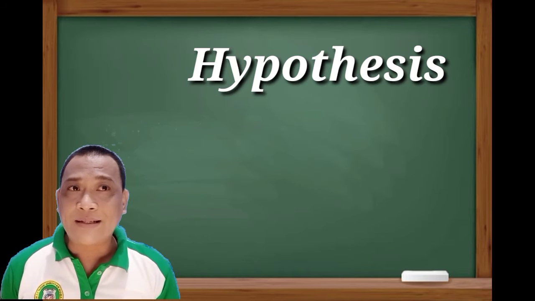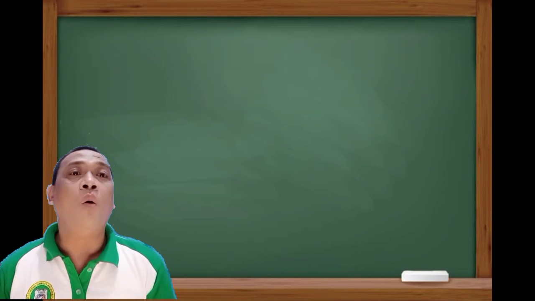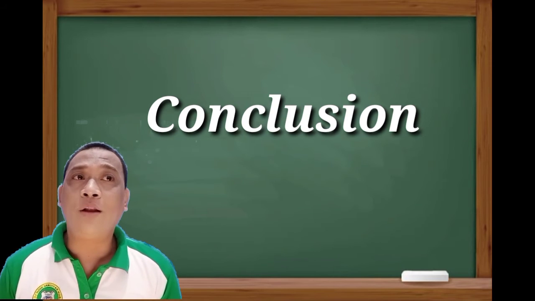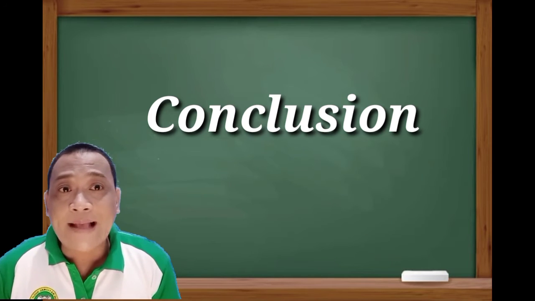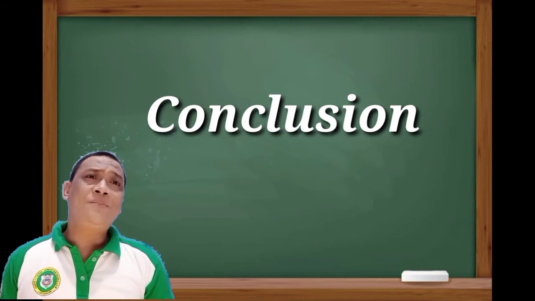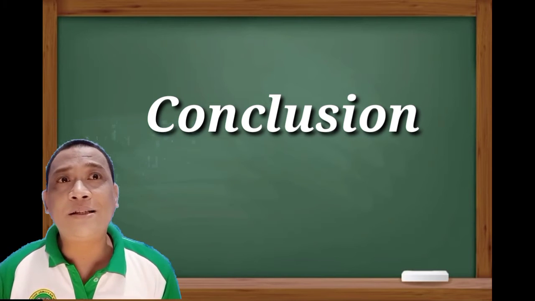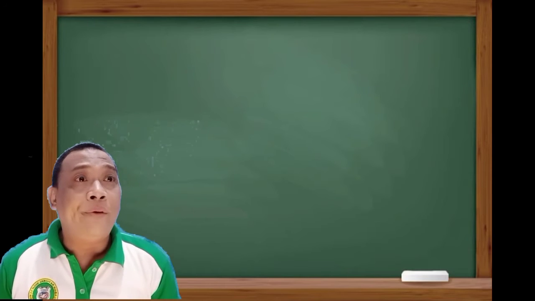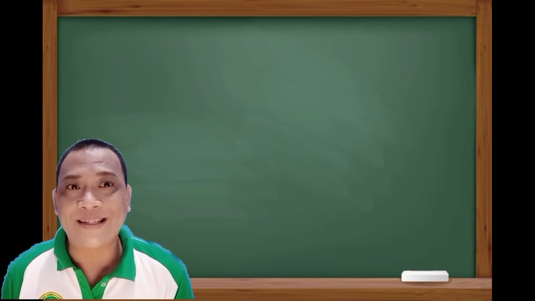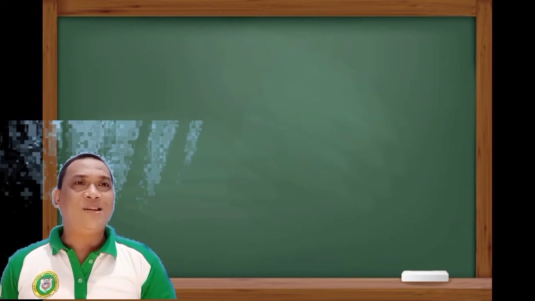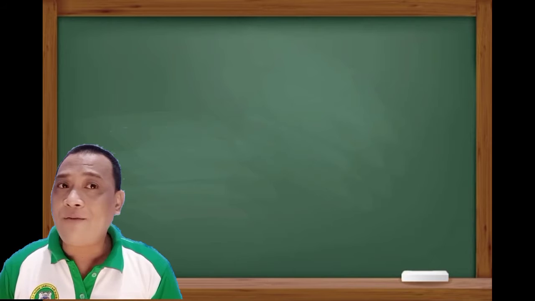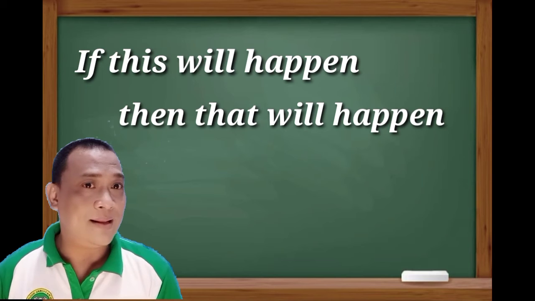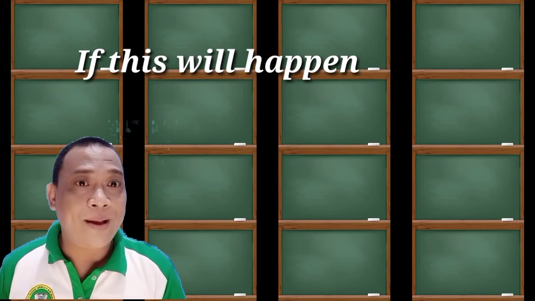This draws us to a condition, while conclusion is the necessary consequence of one or more propositions taken as premise. This means that from your hypothesis, you will draw your conclusion, possible result, or the reason based on the hypothesis. For easy familiarization of this concept, you can remember that if this happens, then that will happen.